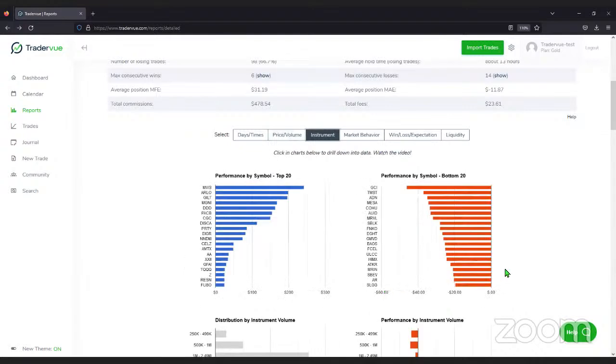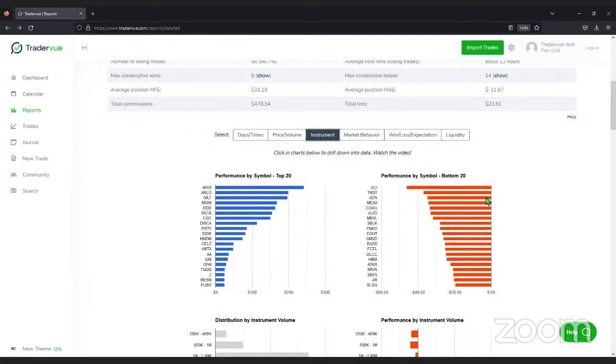Instrument. This is actually also really interesting here. So here you can see the performance by symbol top 20. Basically you can see your top 20 trades, but you can also see your bottom 20, which is your worst 20 trades. And something that I invite you to explore, kind of like an exercise, is to review at least your first 10 trades and your last 10 trades.